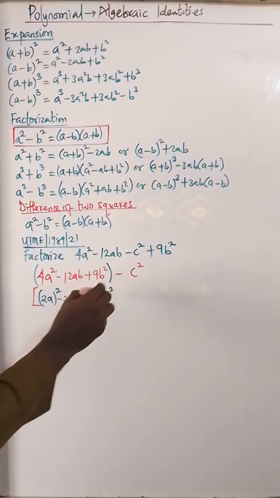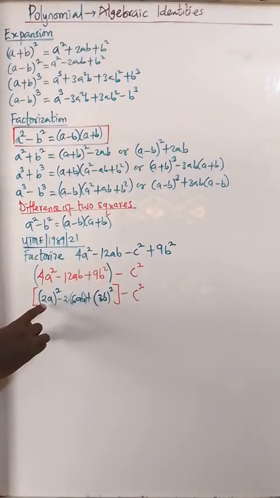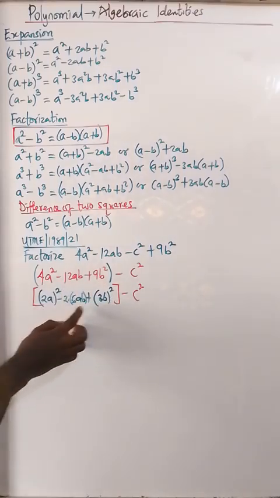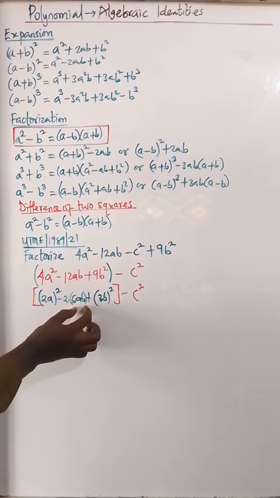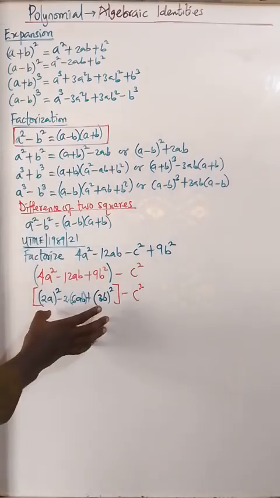Why am I doing this? What do you have here? You have the square of a number, the square of another number, and the center is minus twice their product. If I do 2a times 3b, I'll get 6ab. So it means this is a perfect square.